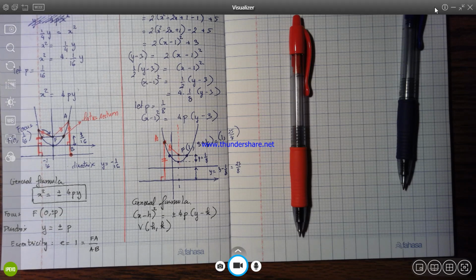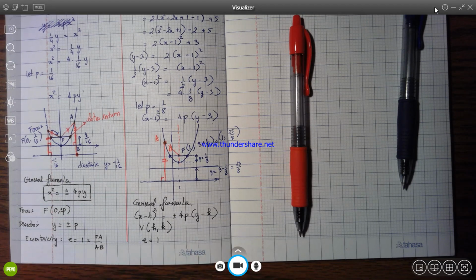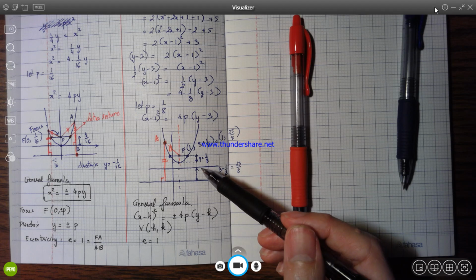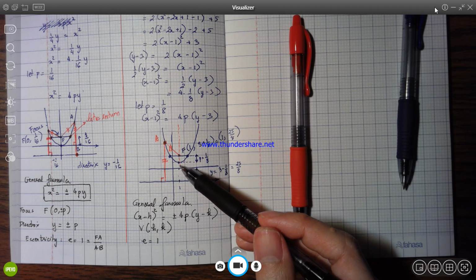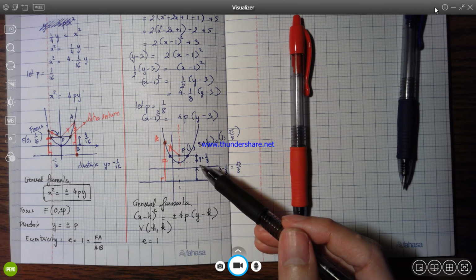Of course, the eccentricity is also 1. I'm not going to write the coordinates of the focus and the directrix because the vertex has already changed.